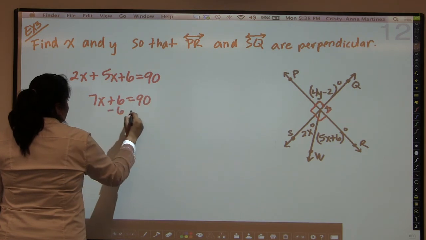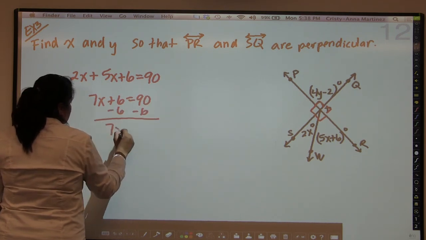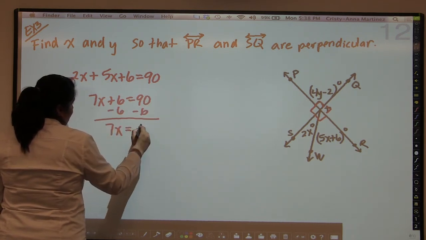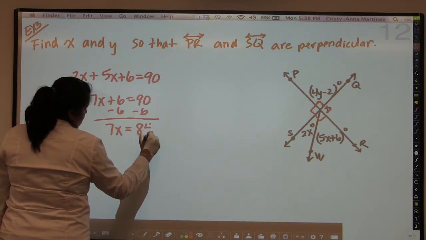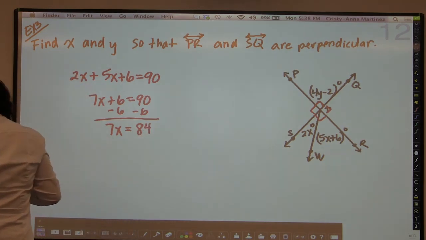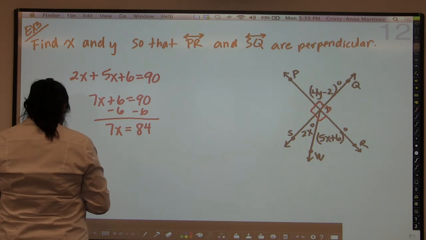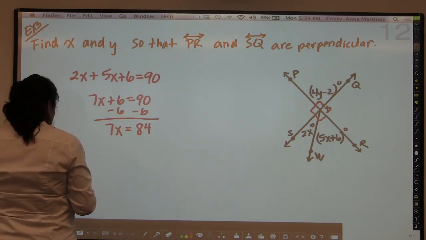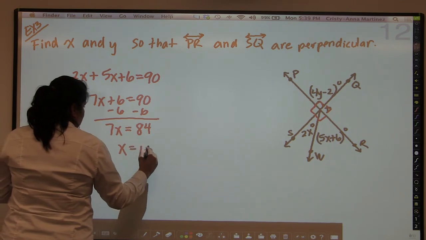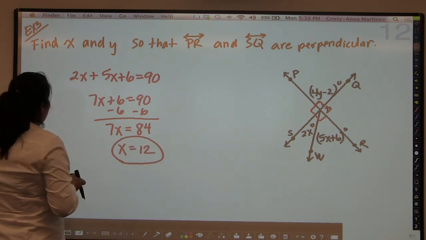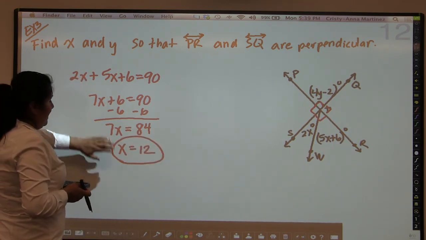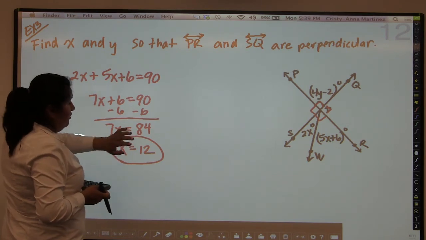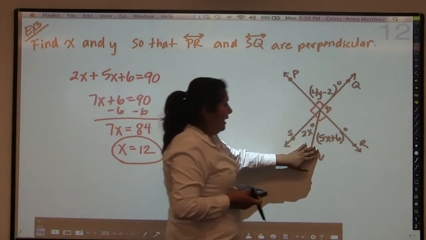We move the 6 over, and we're going to get 84. All right, and then we divide the 84 by 7 and get that x equals 12. So the x value that has to happen here is that x has to be 12 in order for this to be 90. All right?